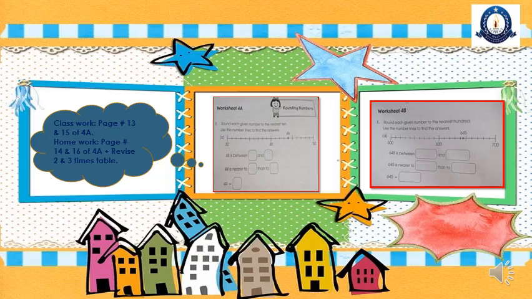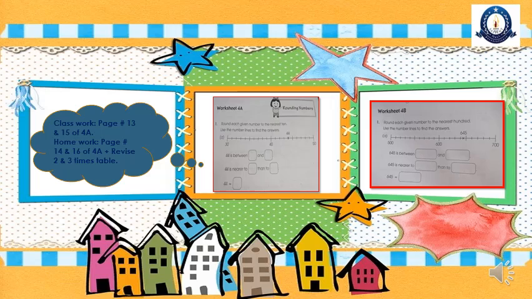Okay, let's see classwork page number 13. Look at the question. Round each given number to the nearest 10. This is a number line. You have to round off 44. The question is: 44 is between dash and dash. Look at the benchmarks of 44, 40 and 50.